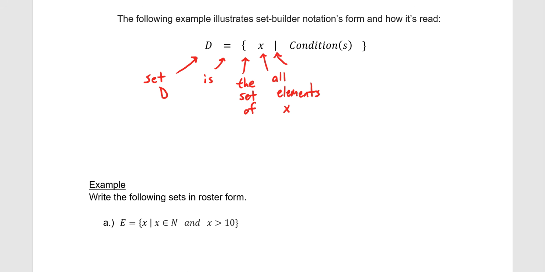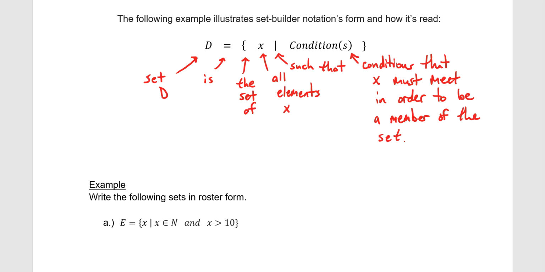This vertical line is going to be read as "such that," and then on the right hand side are going to be the conditions that x has to meet in order to be a member of the set. So as a whole, we would read this as set D is the set of all elements x such that, and then there's going to be some conditions on the right that x has to meet in order for it to be considered a member of the set.